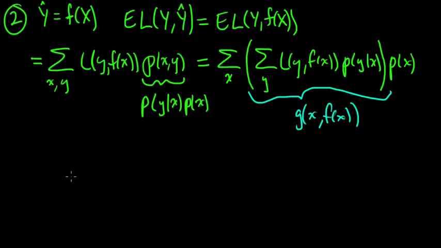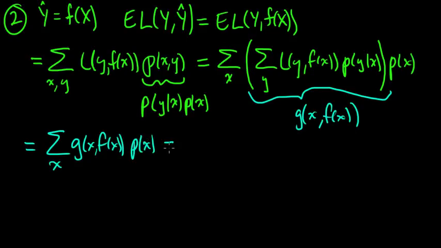Then this whole thing we can write as the sum over x of g of x, f of x, times p of x. Now we recognize the form of this. This is just an expected value with respect to the marginal distribution on x. So let me write the expected value with respect to that marginal distribution as E_x of this random function. That's interesting. We were able to rewrite the thing that we wanted to minimize in terms of this.